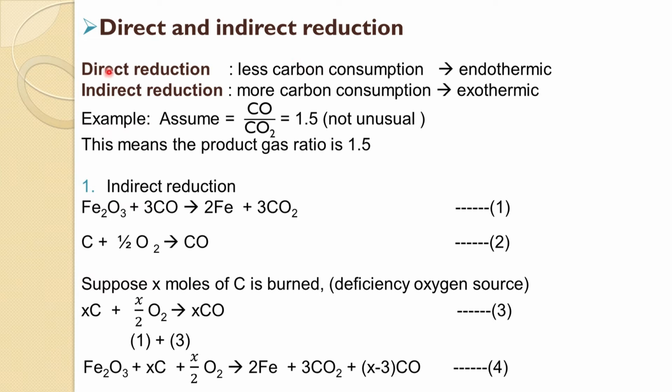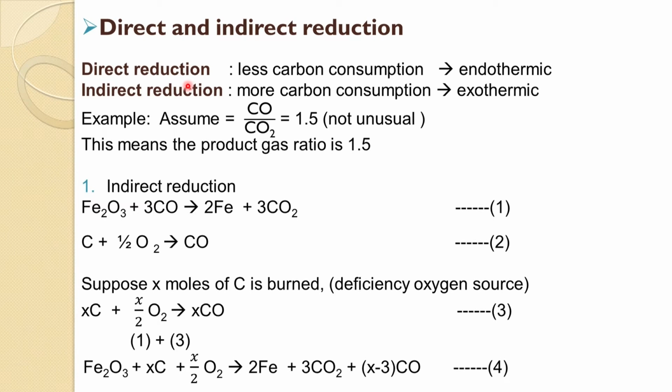So, from that viewpoint it seems maybe direct reduction would be useful. Now, we will see how the consumption of coke may occur in this reaction or the combination of these two.